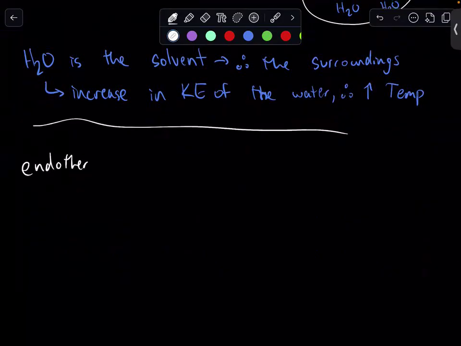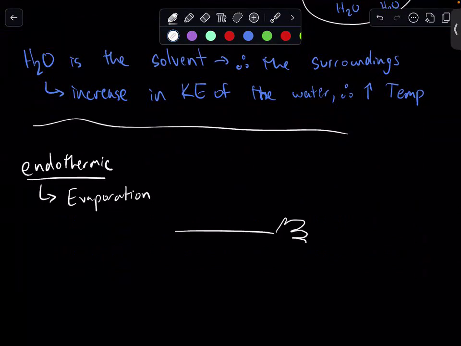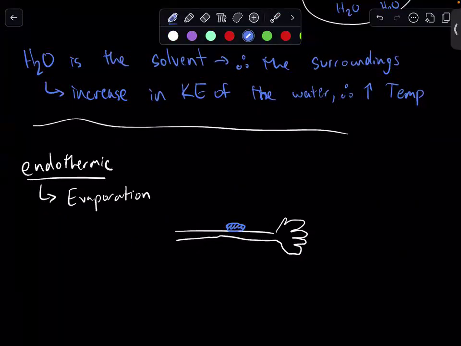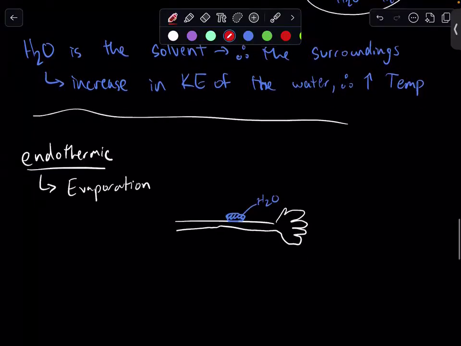Endothermic is something that we actually have a bit of experience thinking of all the time. Generally think of evaporation. If you have your arm, and we're going to witness my terrible drawing skills, and on top of your arm, you've got some water. That water starts feeling cold on your body.